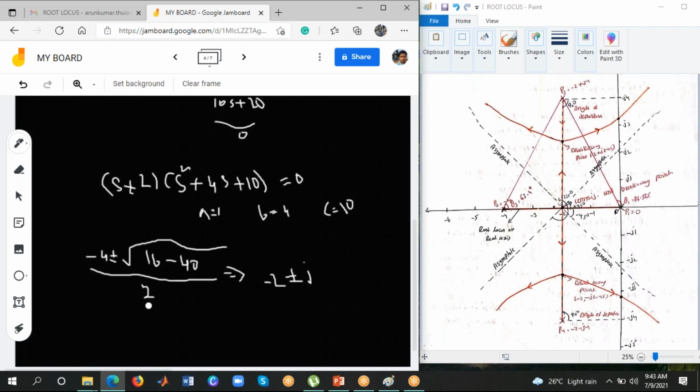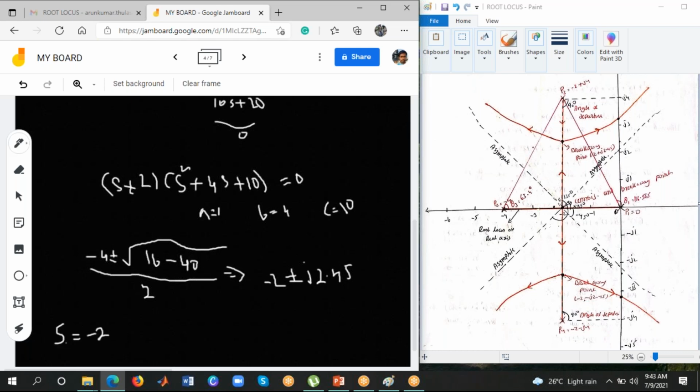Divided by 2. By 2 చేస్తే 2.45 వస్తుంది. 2.45. So we have the 3 roots. One is s equals to minus 2.